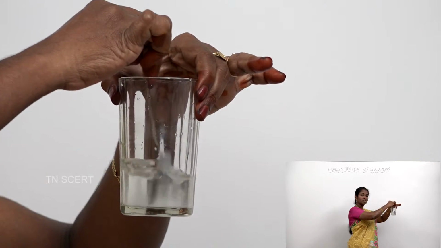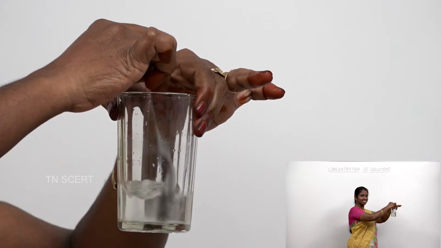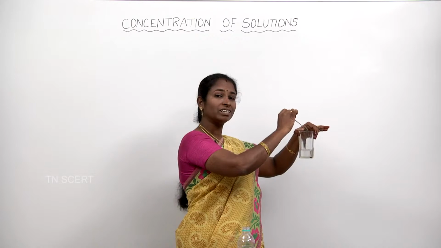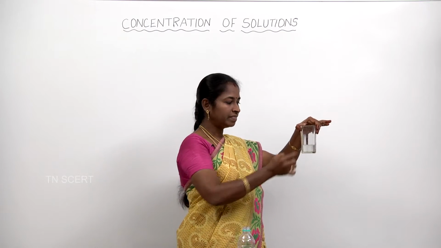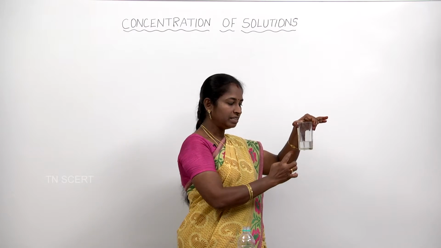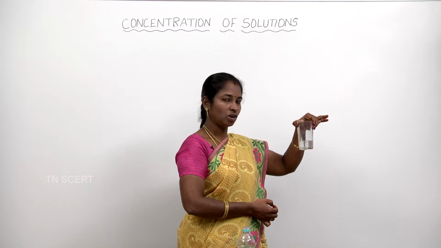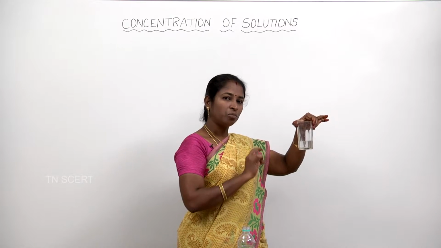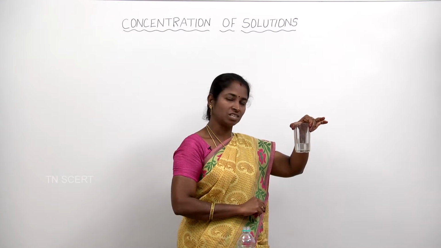Now, the concentration of the solution increases. Okay. What is concentration? Concentration gives the amount of solute dissolved in the particular quantity of the solvent. So, concentration means the amount of solute dissolved in the particular quantity of the solvent.